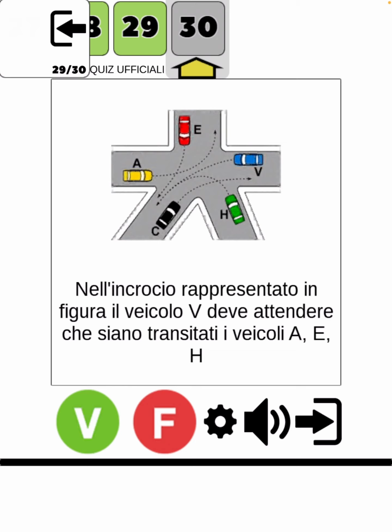At the intersection shown in the figure, vehicle V waits for vehicles I and H to pass.